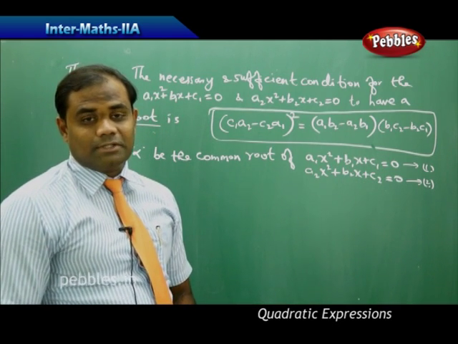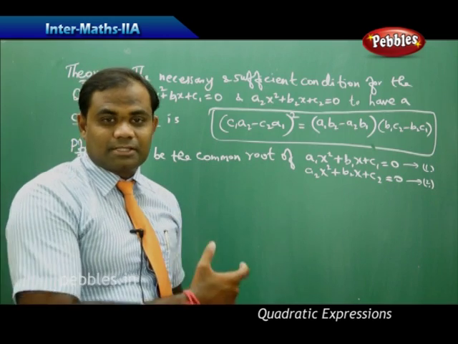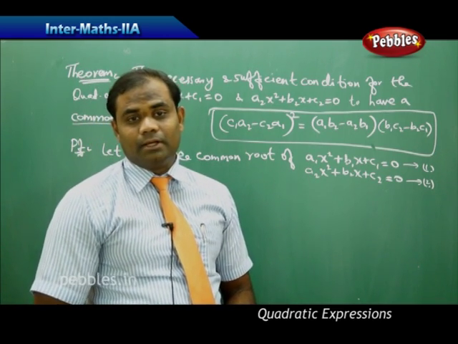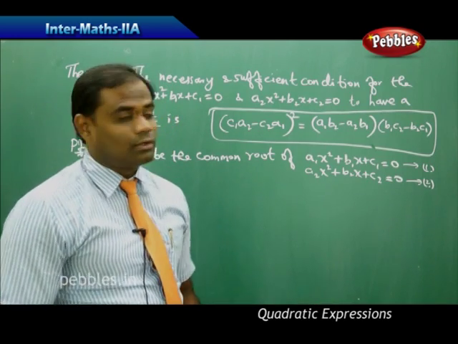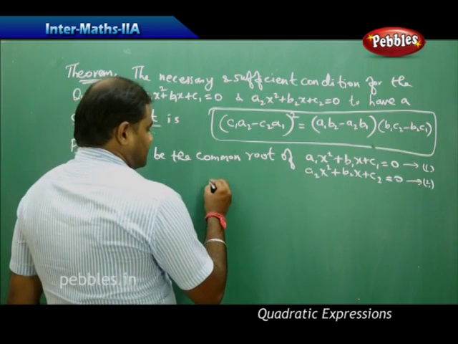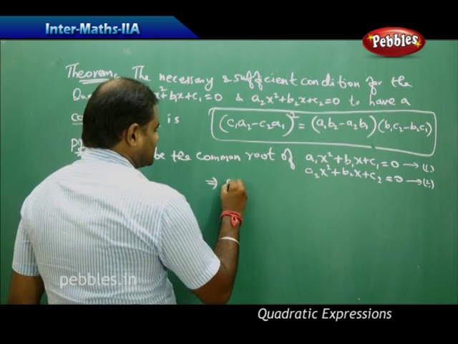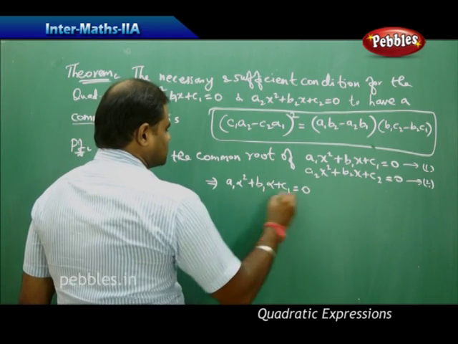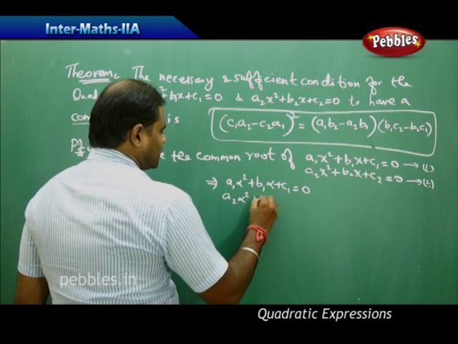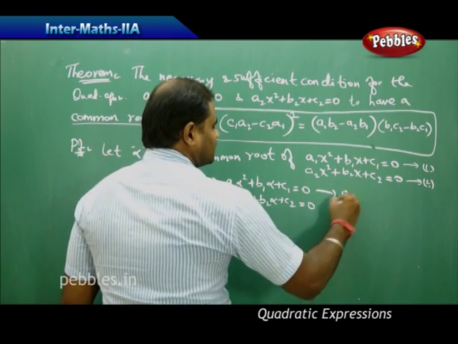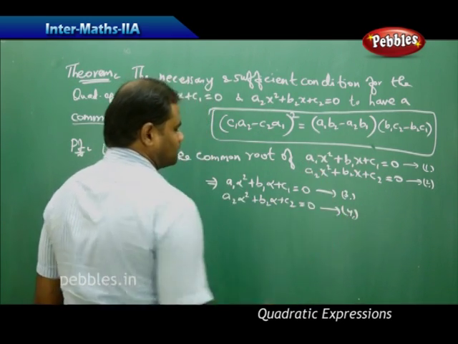When we say that alpha is the root, it must satisfy the given quadratic equation because it's simply the root or the solution of the given quadratic equations. That implies I get a1 alpha squared plus b1 alpha plus c1 equal to 0 and a2 alpha squared plus b2 alpha plus c2 equal to 0, which I take as 3 and 4.